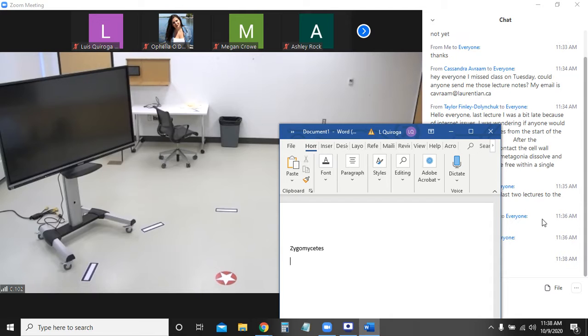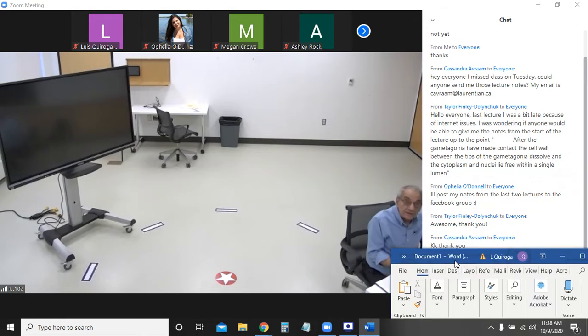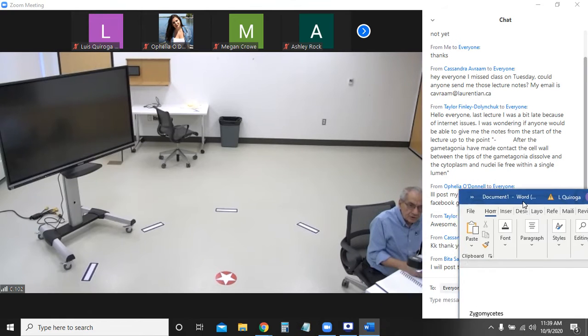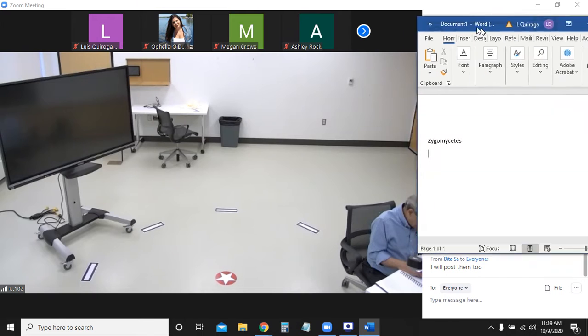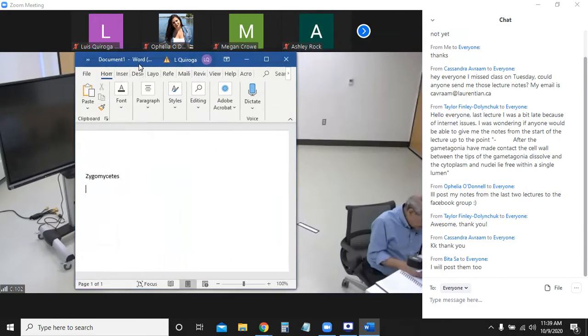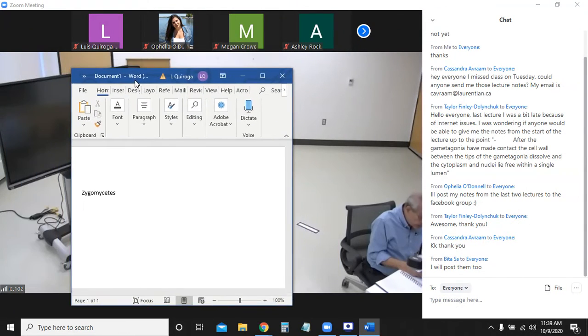I was talking about the order Glomales, which basically includes those species that mostly form mycorrhizae. And the last thing I mentioned in this regard is that they are extremely important.